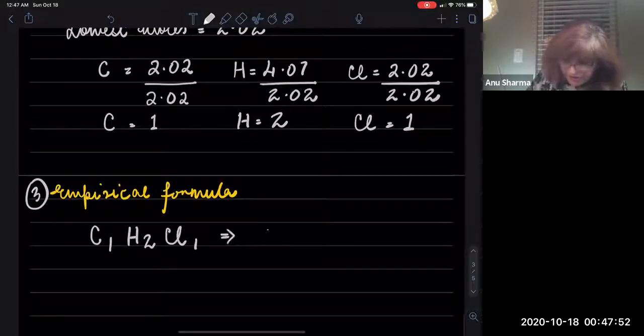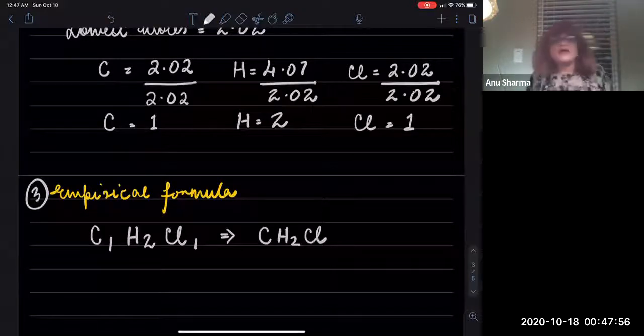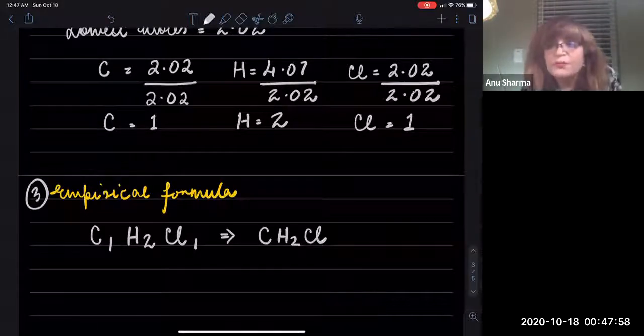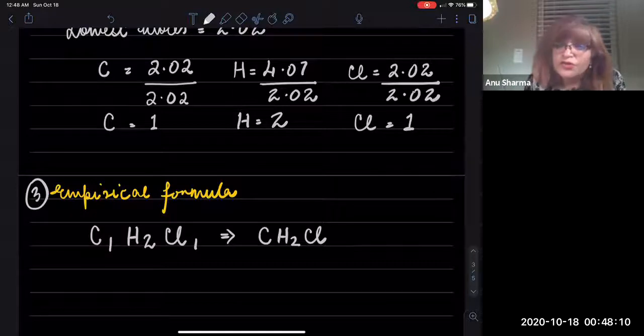So in general, it is CH2Cl. This is a very simple whole number ratio, although it doesn't make sense because carbon should make 4 bonds, but if it has only 3 atoms bonded to it, it's not stable. So this molecule is not stable, so it doesn't make sense.